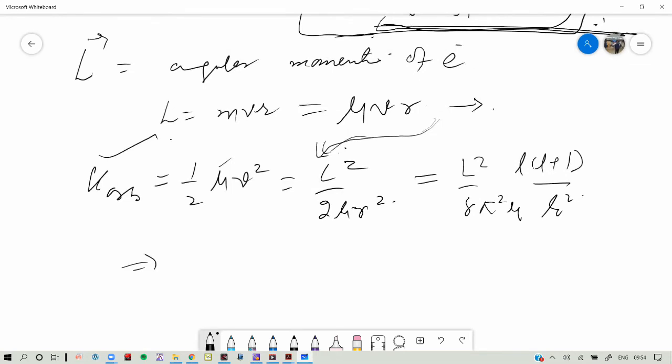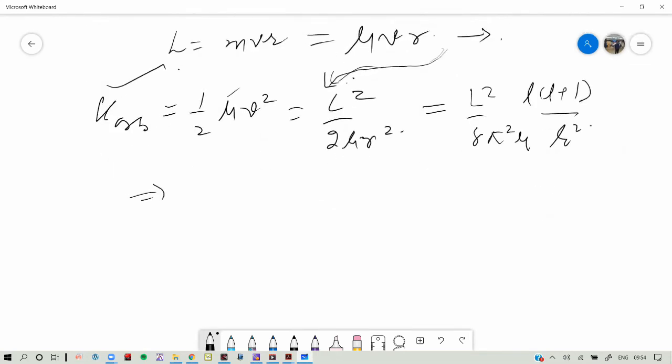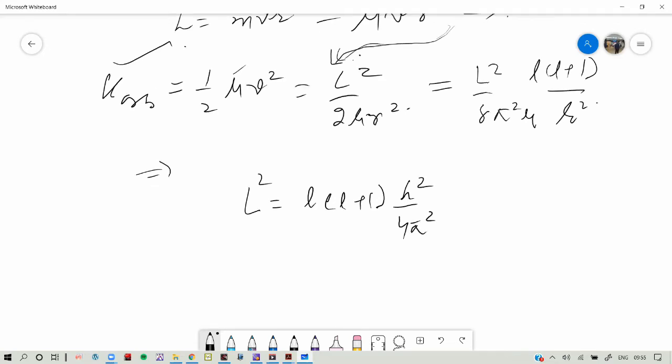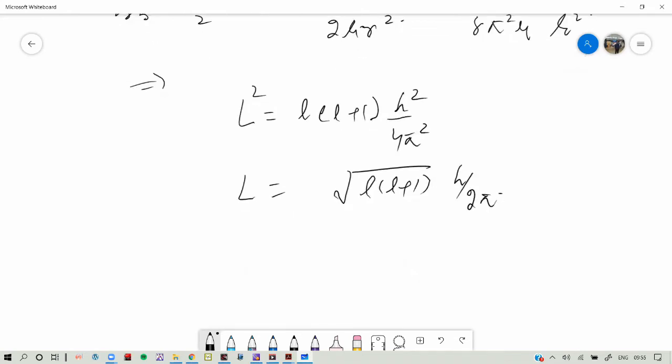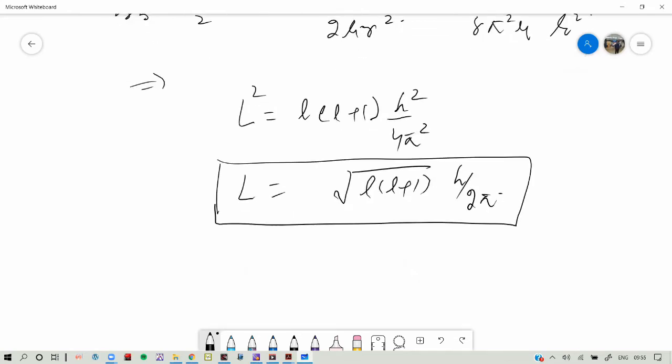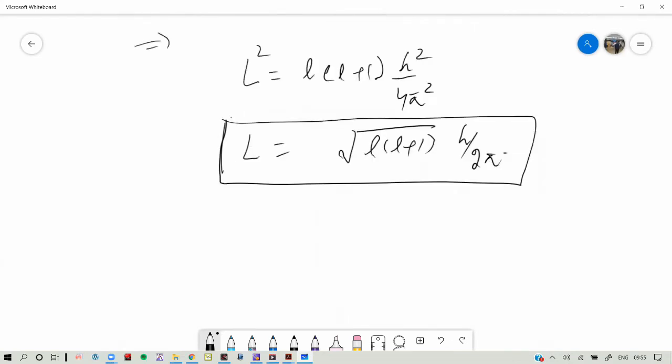So I'm equating these two, and if you equate this, you will get that L square is equal to l into l plus 1 h square by 4 pi square. When you further take the root, h by 2 pi, this is how you end up with the angular momentum of an electron in terms of this l. And this is a quantum number.